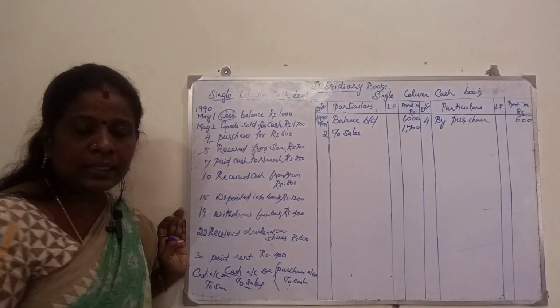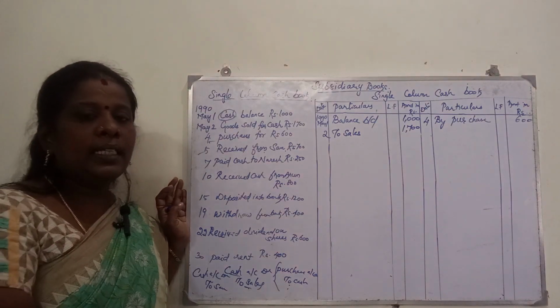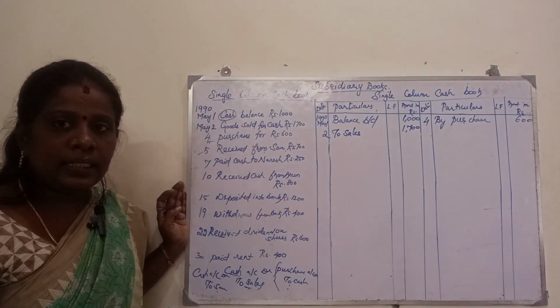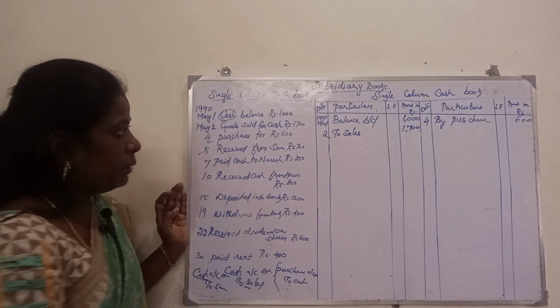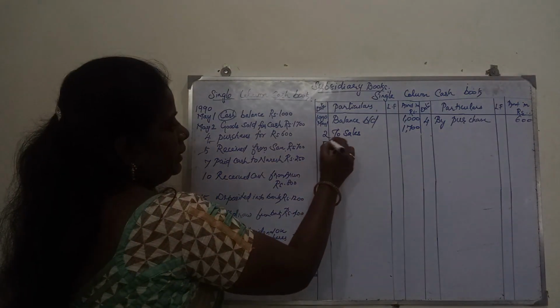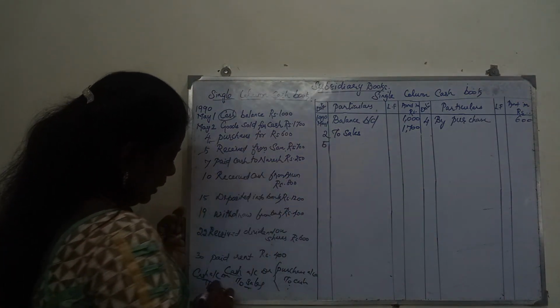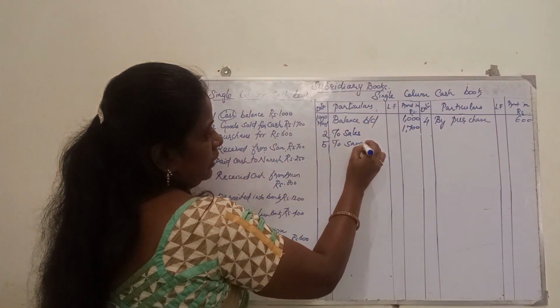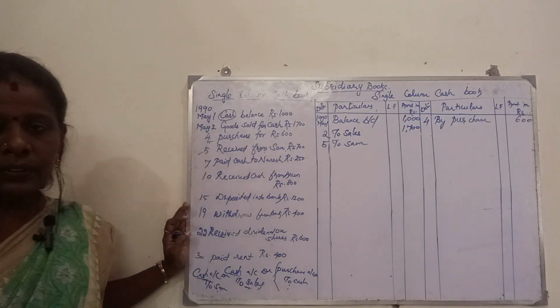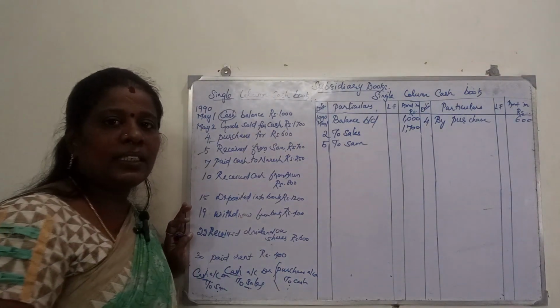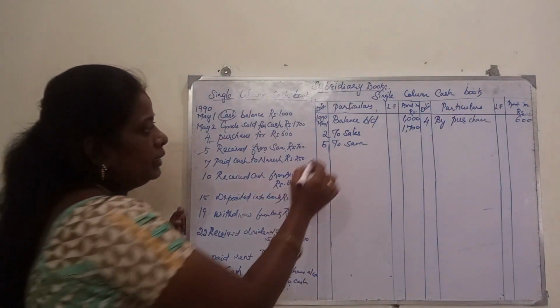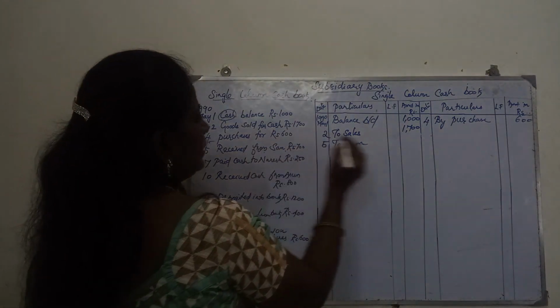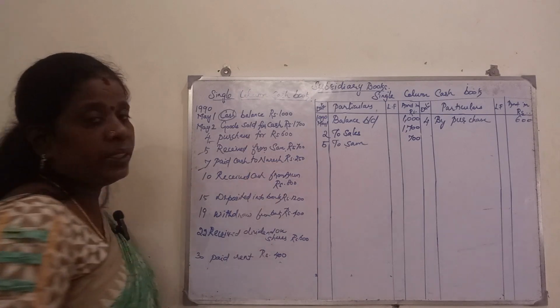The business concern is receiving cash from Sam, so Sam account is credited. Cash is on the debit side. So on the debit side, in the opposite, to Sam. Cash received from Sam. Amount is 700.